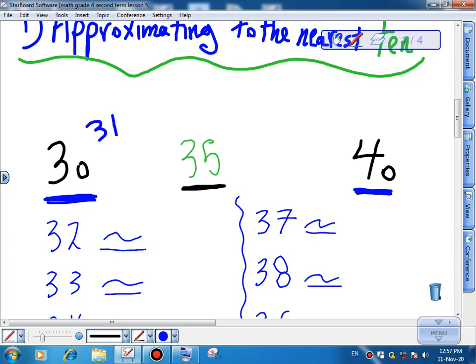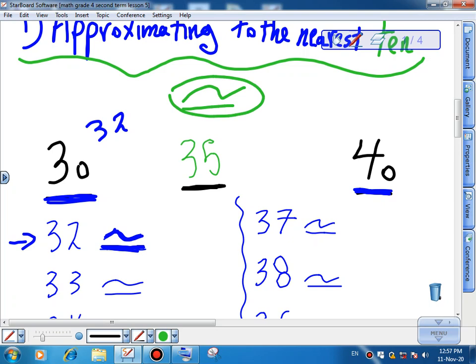If I take another number, 32 also is nearer to 30 than 40. So if I need to approximate the number 32 to the nearest 10, this symbol is called approximation. This symbol like this is called the approximation symbol.